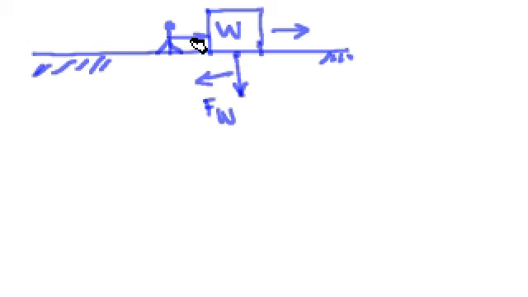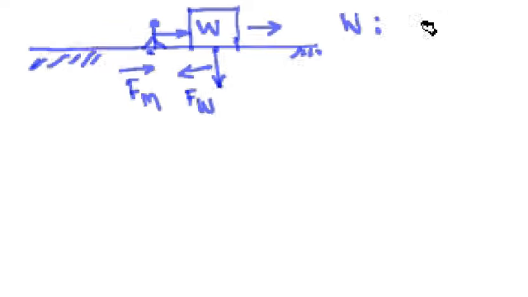Similarly, the force the wood is applying on me is creating a friction which is applying in the opposite direction, which would be in this direction, which is Fm. So if I just isolate the two objects, there's a wood.